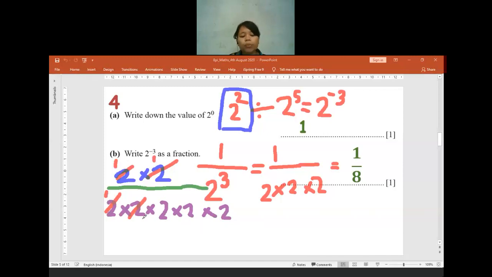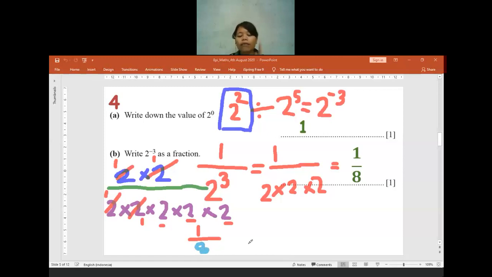This will also be 1. So now in the leftover, on top we only have 1 times 1, which equals 1. At the bottom, 1 times 2 equals 2, 2 times 2 is 4, 4 times 2 is 8. That's why we get 1 per 8. Is it clear enough, or is there anyone who is still confused?